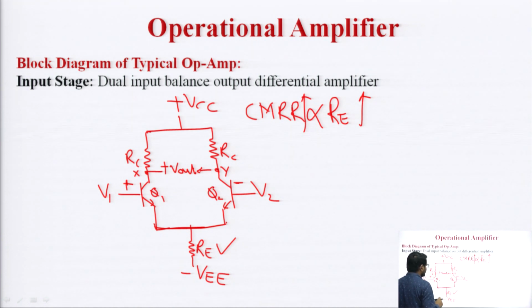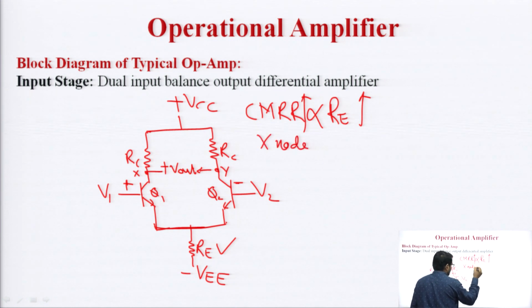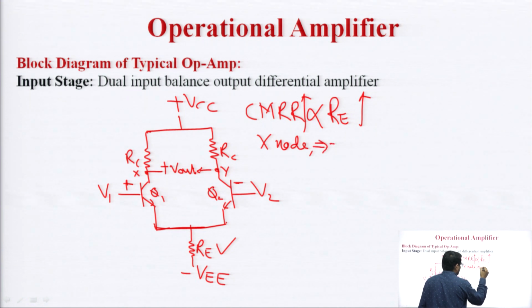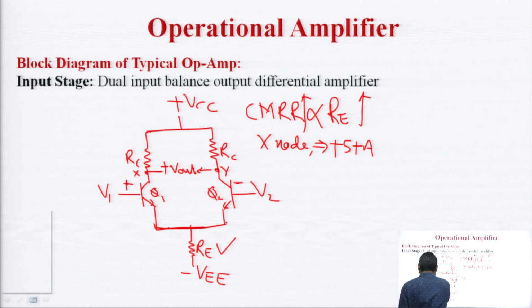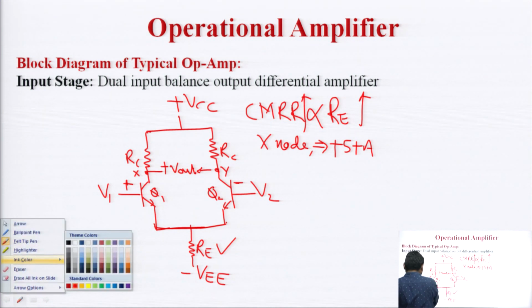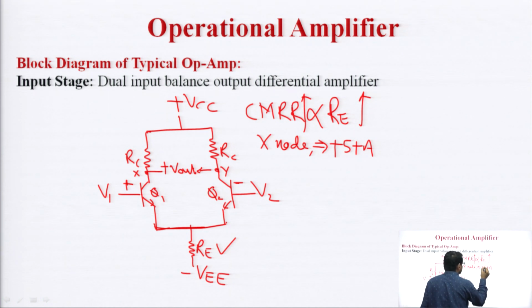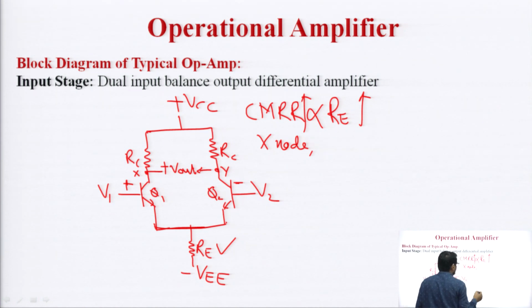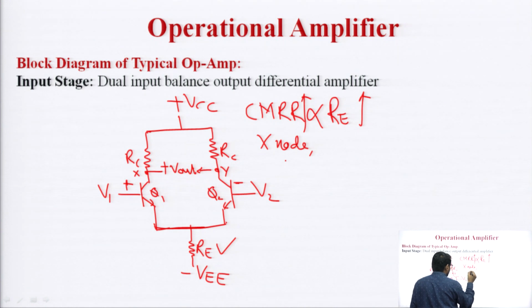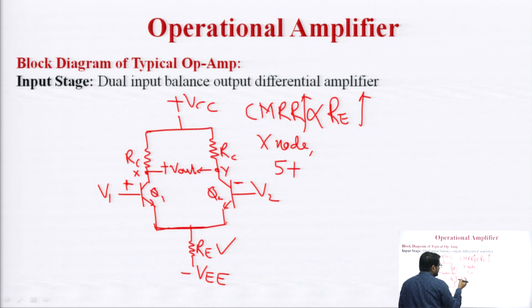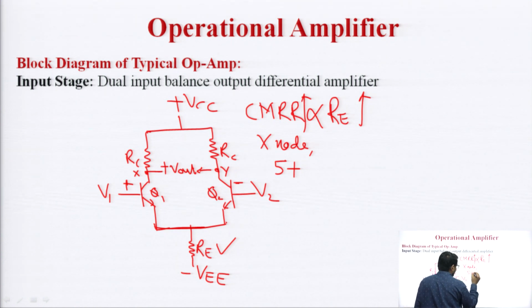What is the meaning of balancing? Let us suppose that the X node has a voltage of 5 DC volts, a DC voltage or a bias voltage, and V1 sin omega t.